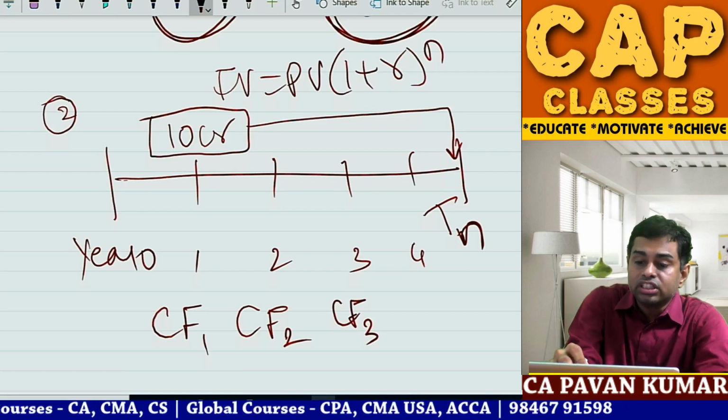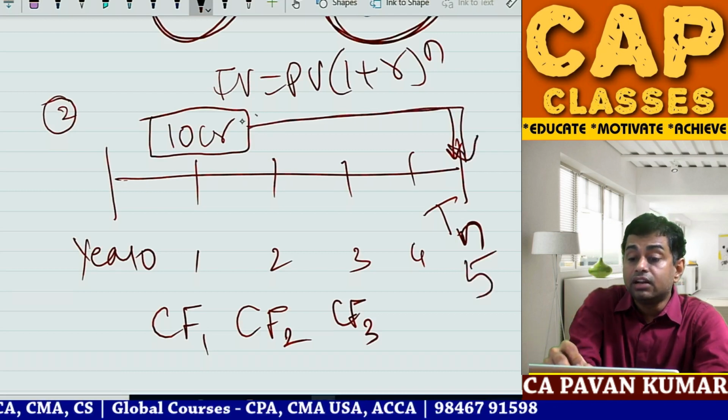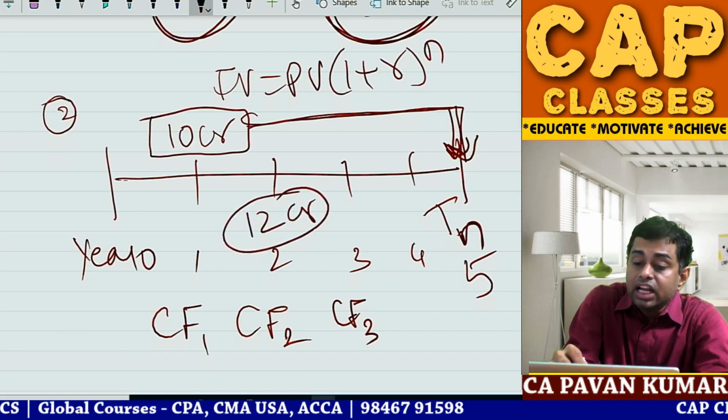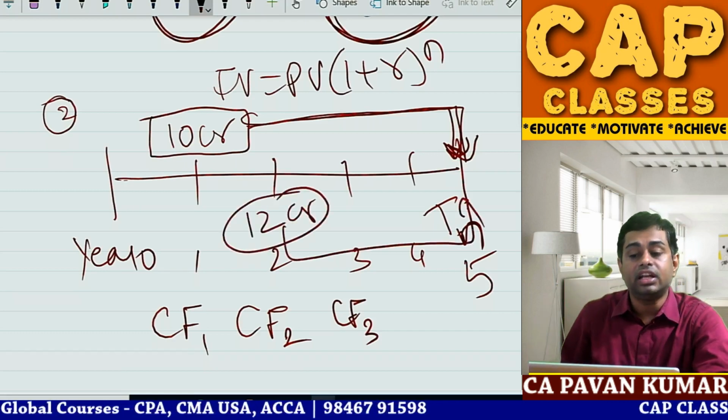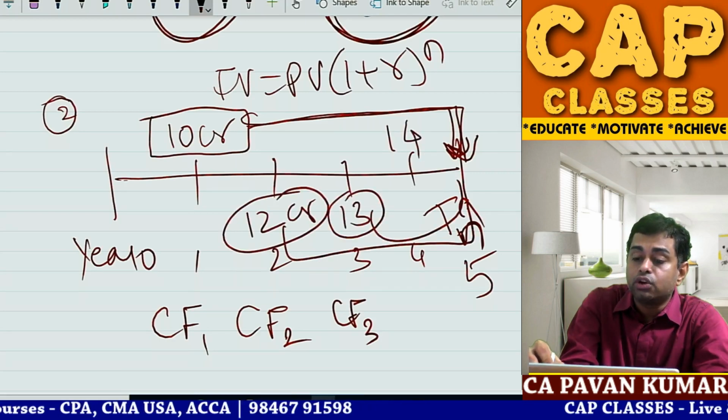So here 10 crores came, no? Assuming this is 5 years, another 4 years you will reinvest. Next year you get 12 crores. It will be reinvested for 3 years. Next year you get 13 crores. That will be reinvested. Next year you got 14 crores. That will be reinvested.